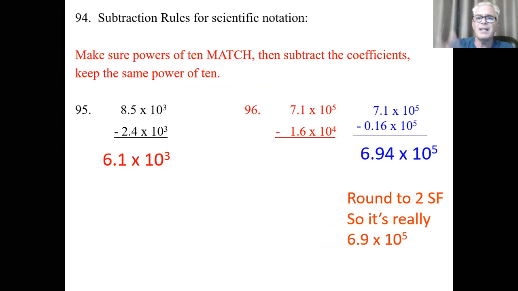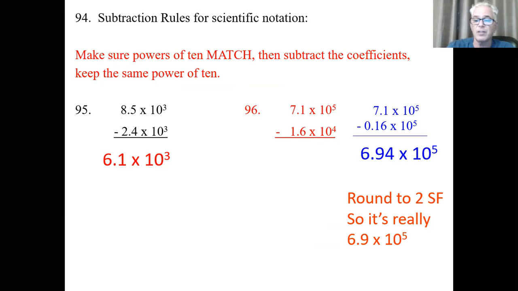Or maybe I did it the other way. Oh, I didn't. I made them both 10 to the fifth. So here it's 7.1 minus 0.16. It becomes 6.94 times 10 to the fifth. And then it's going to round to 6.9 times 10 to the fifth. Watch the rule. Powers of 10 match, subtract the front, keep the powers of 10. And sometimes you got to make a little adjustment.